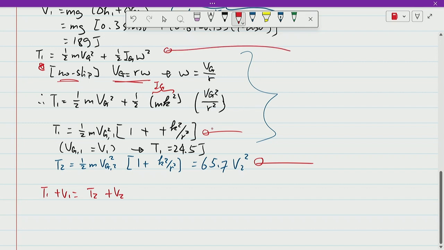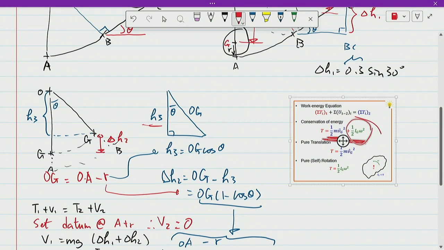All the way up to this line, we haven't put in Vg1 yet, right? This is just a way to express the kinetic energy of the system, or in this case, the body. As long as it is still rolling, which has the Vg and also the omega, then this equation still holds.